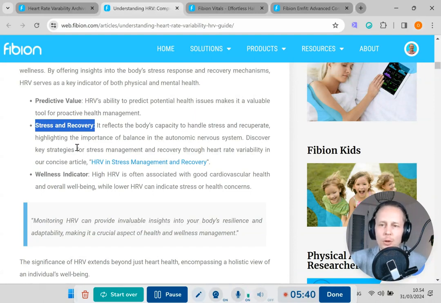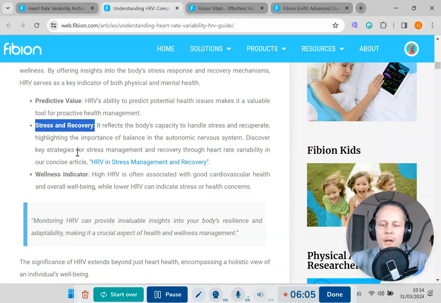But if we don't get an optimal or good parasympathetic response during sleep, it probably tells about a stress situation in the body. So this can be used to gauge stress and different problems in recovery.